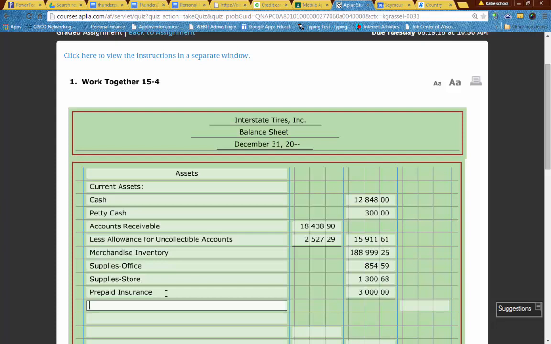Below prepaid insurance, you're going to have total current assets, and you're going to add down the middle column.